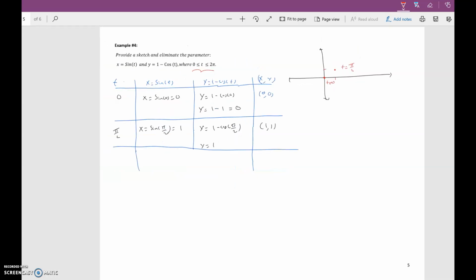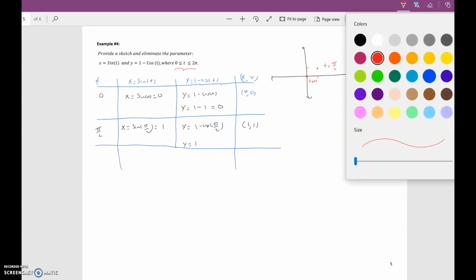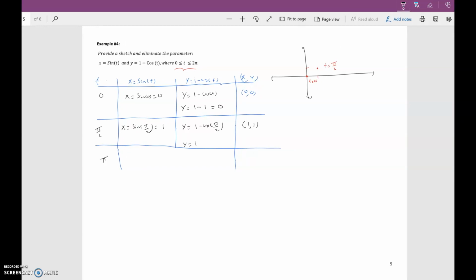The next one, let me pick pi. So x is equal to sine of pi, which is going to be 0. So x is equal to 0 there. Y is equal to 1 minus cosine of pi. So y is equal to 1 minus a negative 1, so y is equal to 2 for this one.